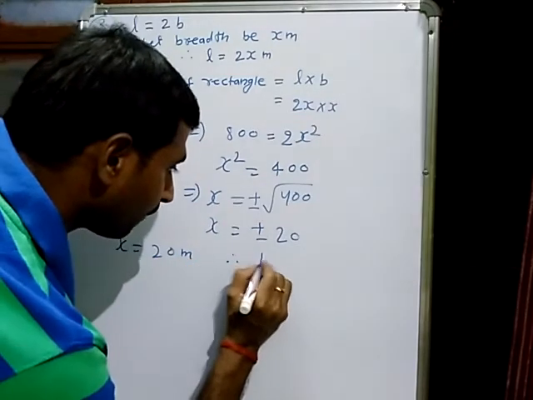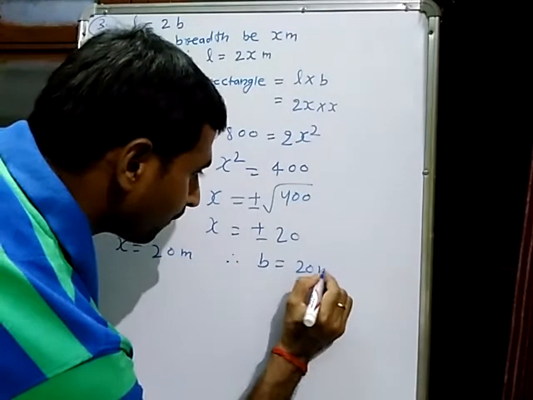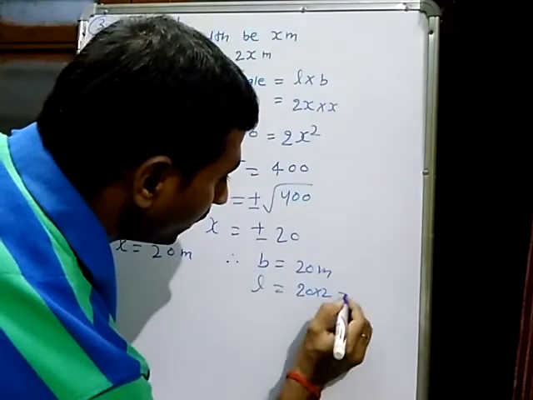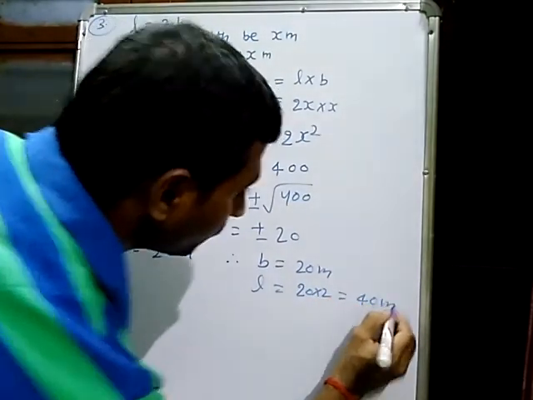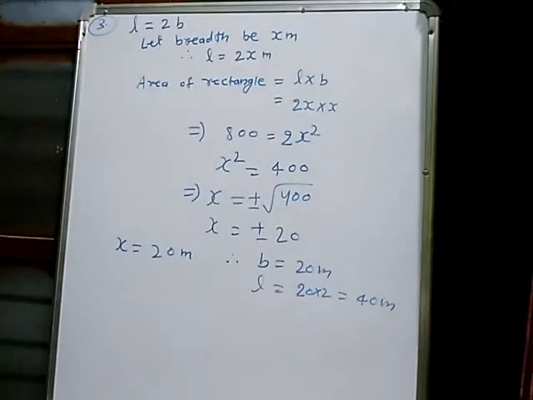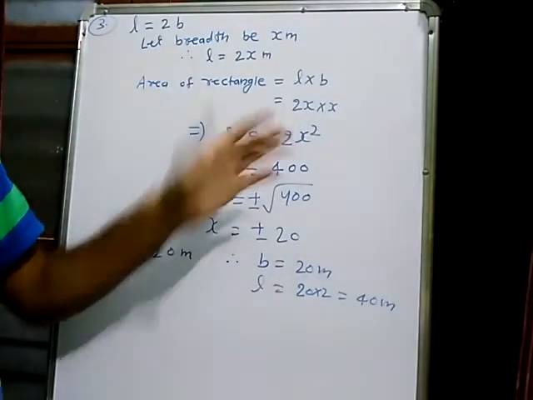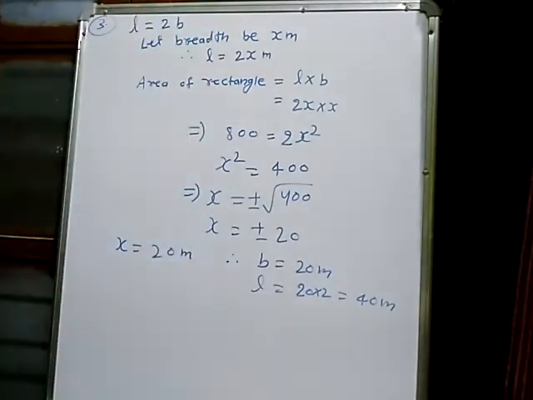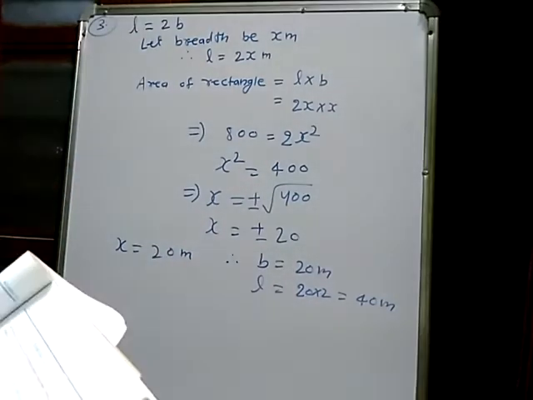So you can get breadth is 20 meter and length is 20 into 2, that is 40 meter. तो ये possible है. Okay, so this is directly you can solve, with the help of ax square plus bx plus c से भी solve कर सकते हो, but no need to do in that way, you can solve it directly.